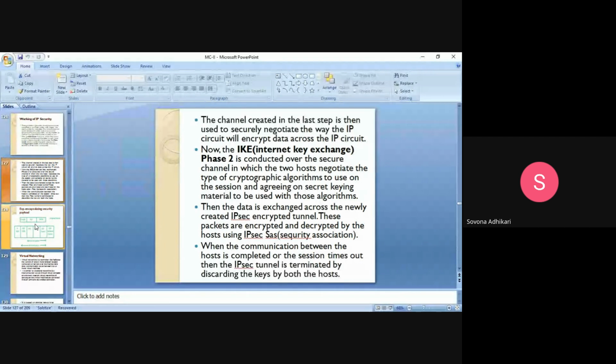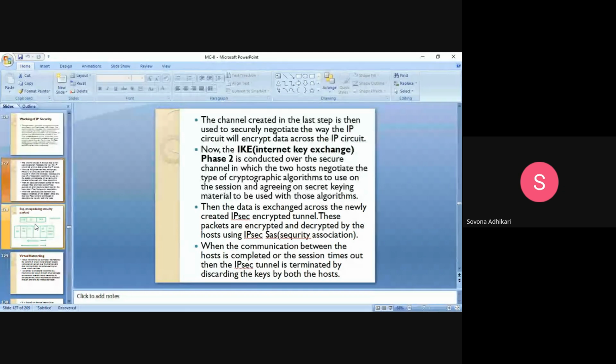Let us discuss IKE phase 2. After phase 1, in IKE phase 2, it is now connected over the secure channel in which the two hosts negotiate the type of cryptographic algorithm to use on the session and agree on the secret key material to be used with those algorithms.